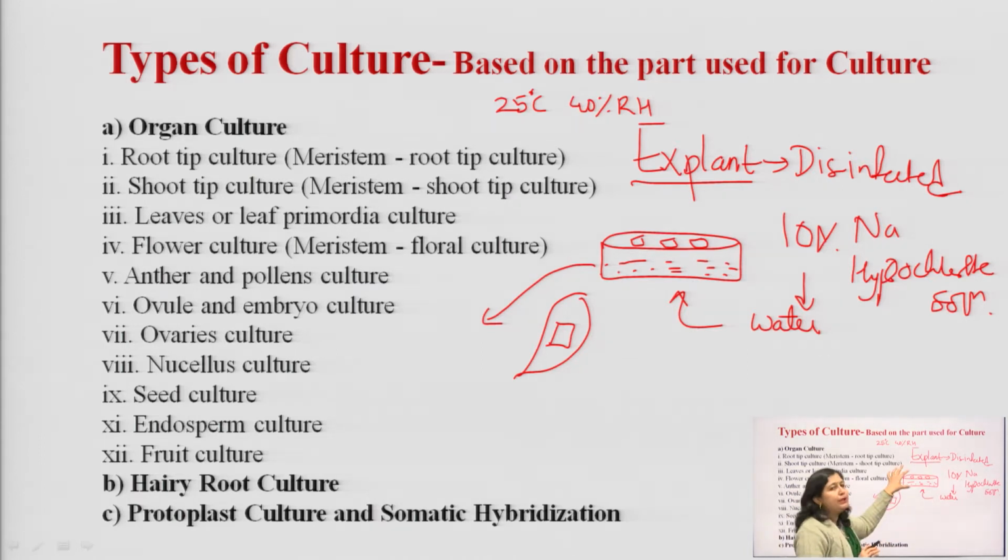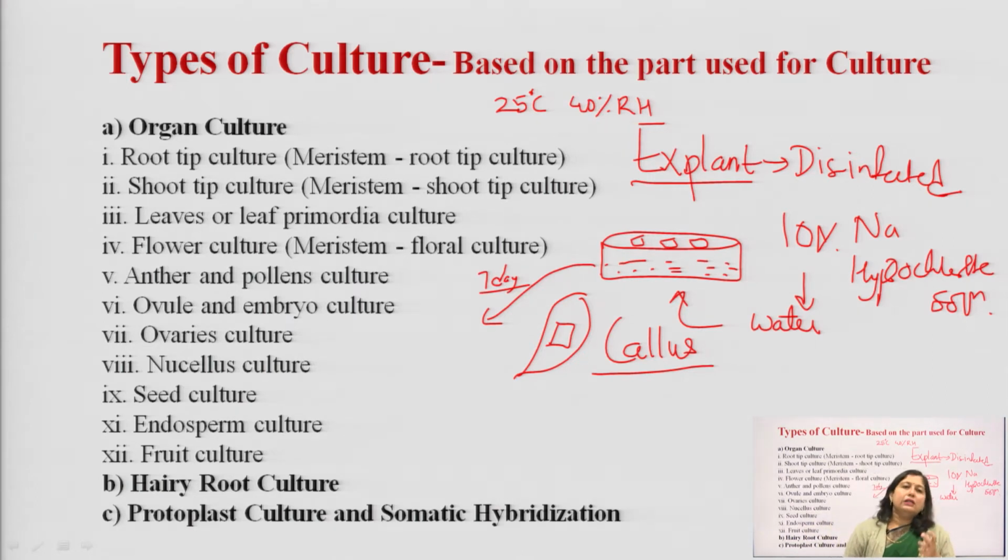So, we will keep this petri dish in all these conditions at 25 degree centigrade, 40% relative humidity and 12-hour sunlight cycle, photo cycle. After 7 days, what will happen, that these explants will get converted into an undifferentiated mass of cells, which is known as the callus.